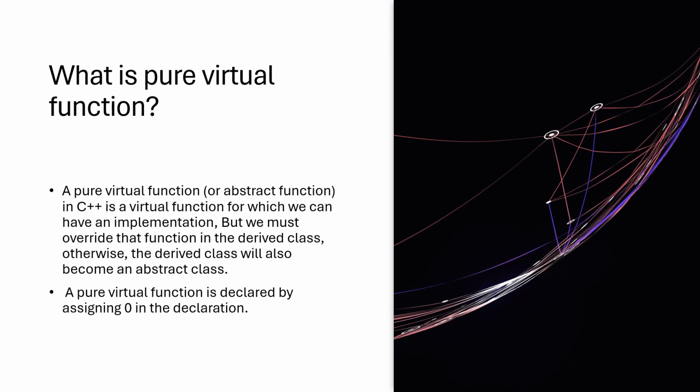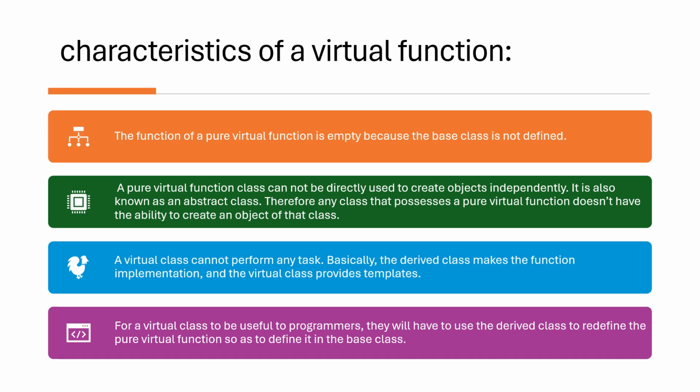Otherwise, it will automatically become an abstract class. If it is a pure virtual function, we declare it by assigning 0. That is, whichever function we are calling a virtual function, we assign that function equal to 0 in the declaration part.